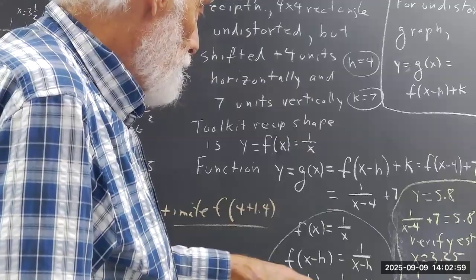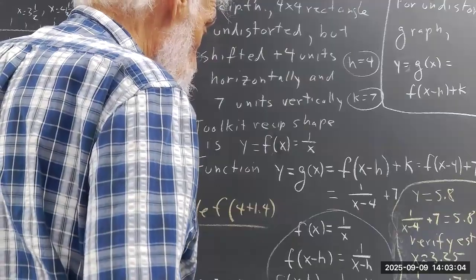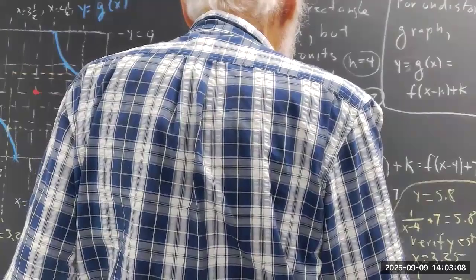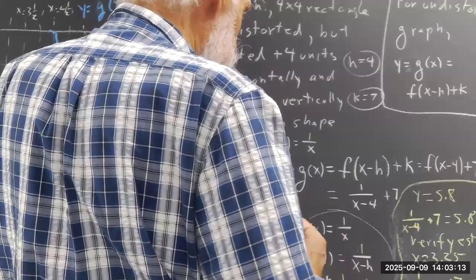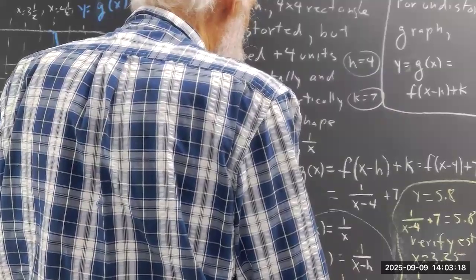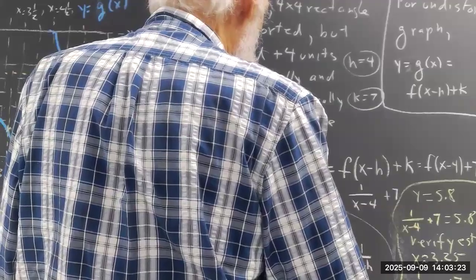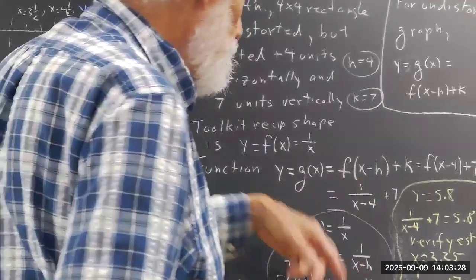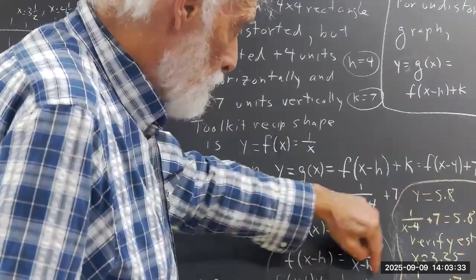And then f of x minus h plus k, and I never wrote the plus k here, so that might confuse somebody. F of x minus h plus k is whatever this is, and then you put a plus k.